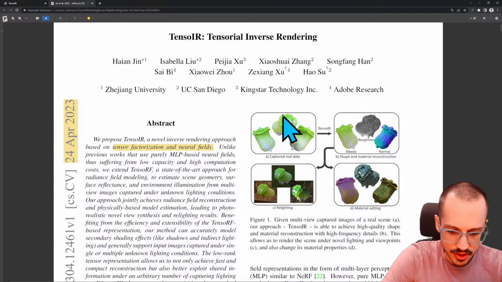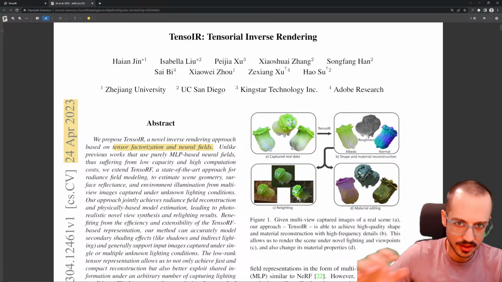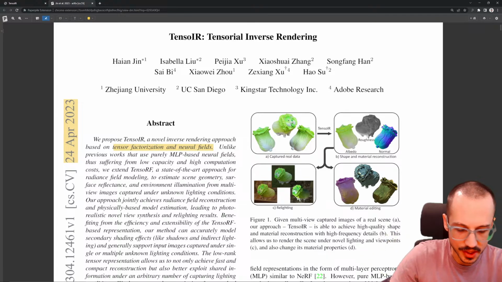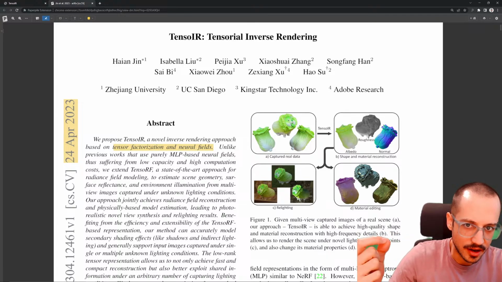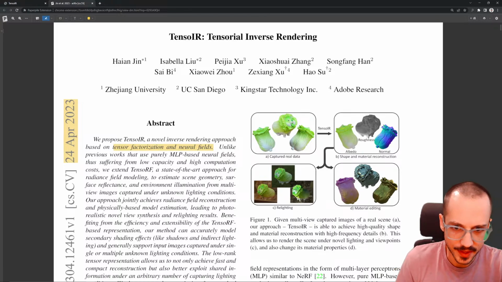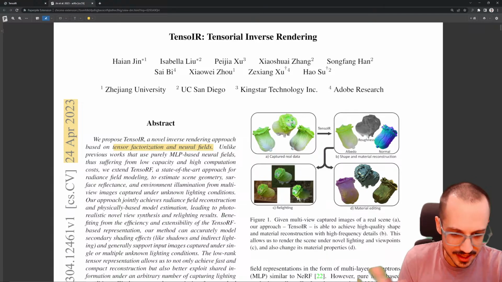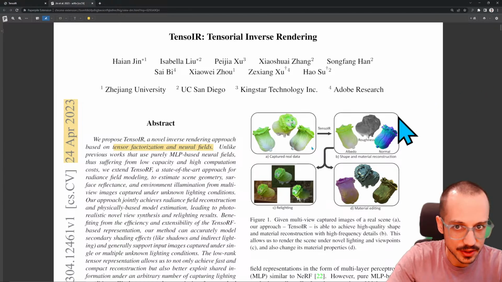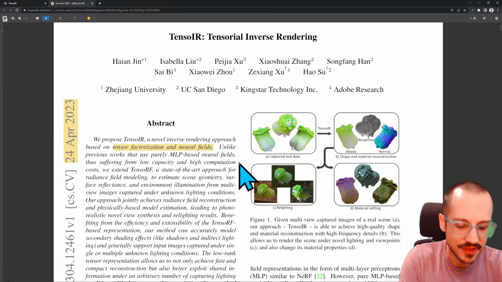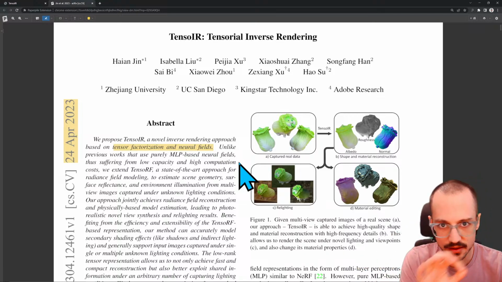A NERF is a neural radiance field, and it's basically a neural net which can tell you what the radiance, the color, the opacity of any point within a 3D volume is. When you have an equation that describes some vector that lives in a 3D space, that's a field. You can have a gravitational field, which is the gravity vector at any instantaneous point in a 3D space.